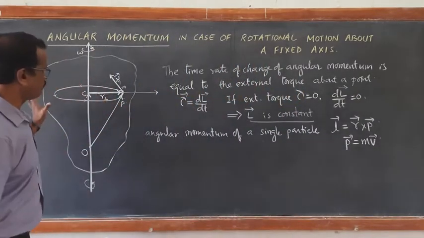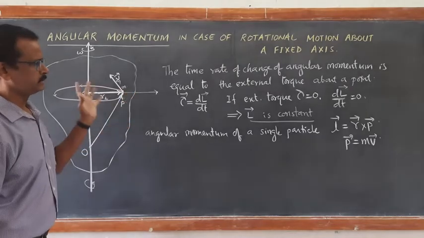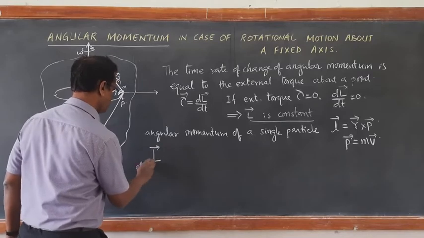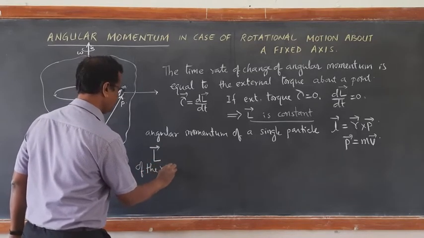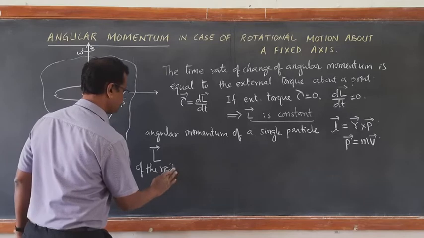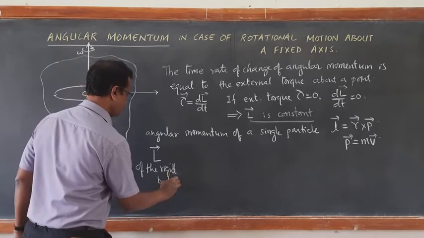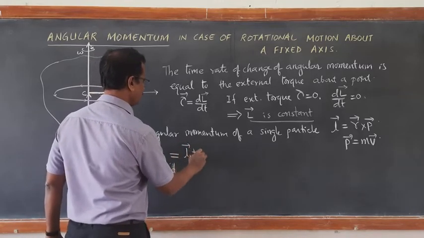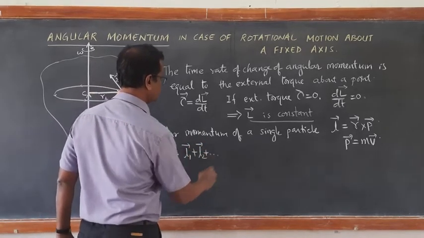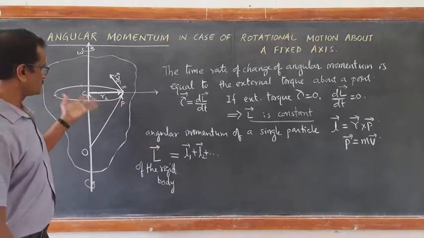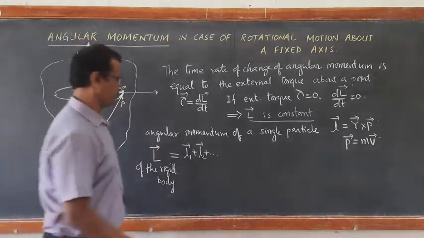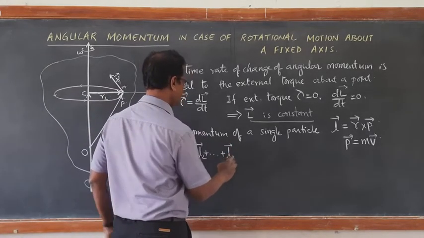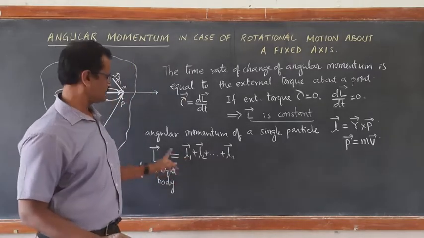If you consider all the particles, then we need to add all those angular momenta. So the total angular momentum of the rigid body now becomes the vector sum of all these particles. Consider that this rigid body is having n number of particles, so the vector sum of the angular momenta of all the n particles gives us this.